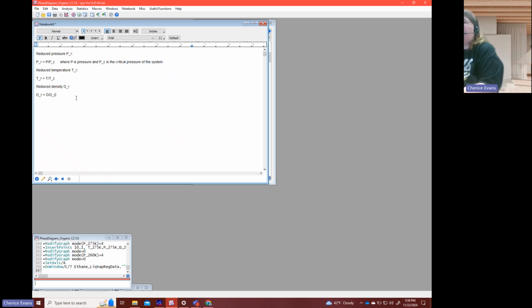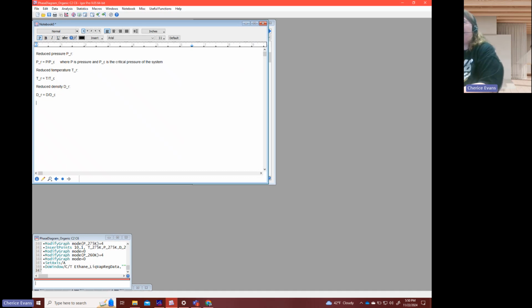So reduced pressure is the pressure, whatever pressure you want, your experimental pressure, divided by the critical pressure of the fluid. Reduced temperature is whatever experimental temperature you're measuring, divided by the critical temperature of the fluid. And reduced density is the same pattern, the density of your experimental fluid divided by the critical density of that fluid.